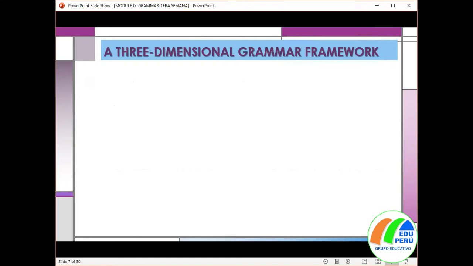Now, when we talk about grammar, we are going to identify three aspects related to any grammatical structure. That's why here it says a three-dimensional grammar framework. Do you have any idea what these three aspects related to any grammatical structure would be? Remember, grammar means to analyze the structures.